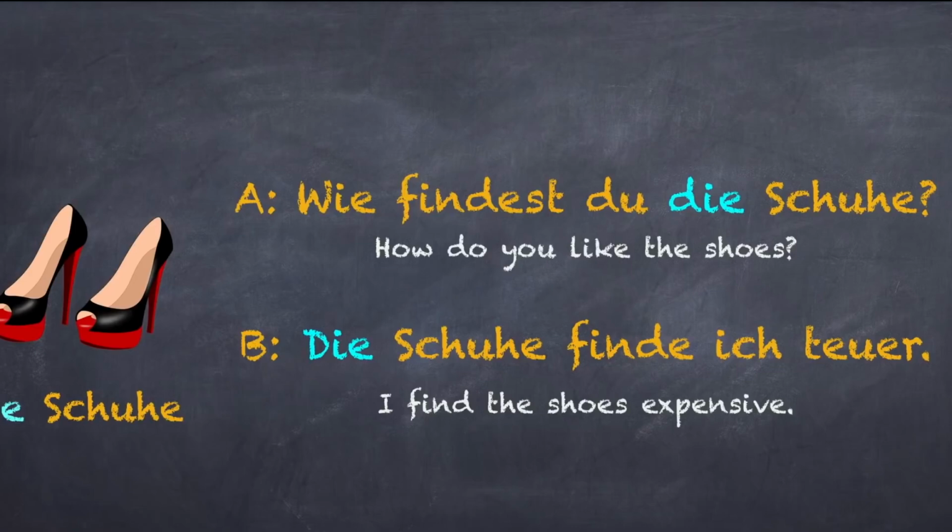Another thing that I would like to tell you here is that the accusative object can also be at the beginning of a sentence, just like in the sentences we did. Die Schuhe finde ich schön. In this case, die Schuhe is the accusative object and it stays in the first position. The verb will always be in the second position.